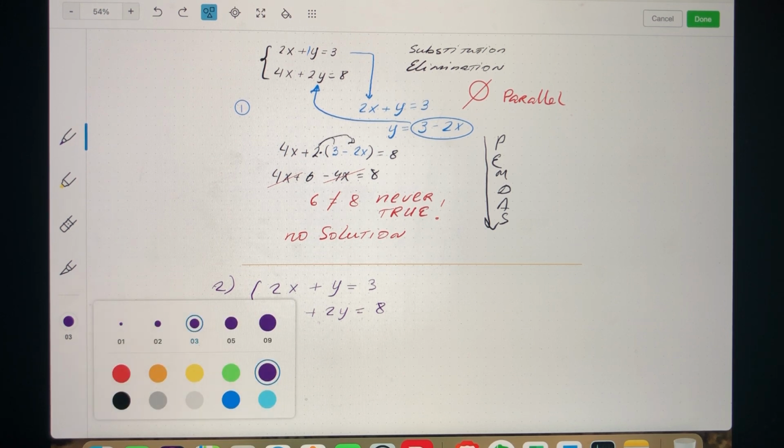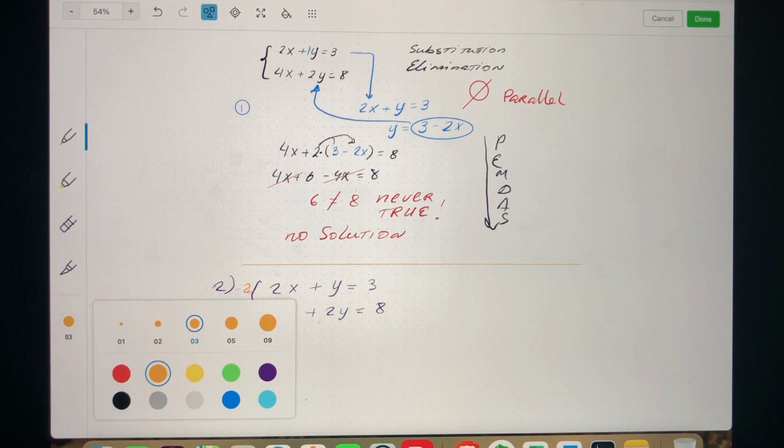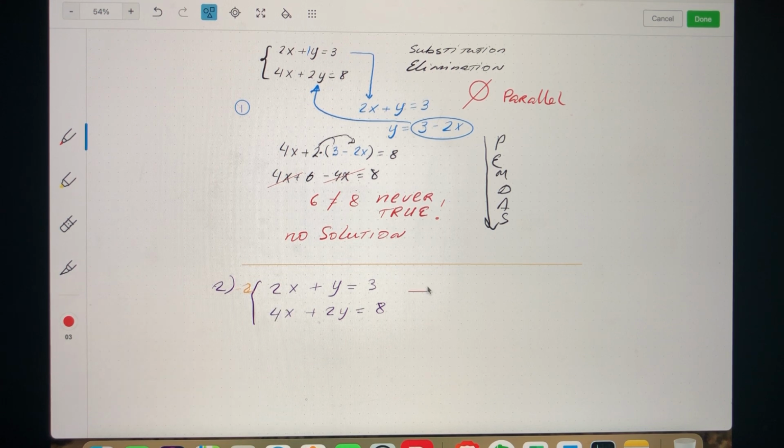So if we simply multiply the first equation by negative 2 all the way across, that would make it negative 4x, negative 2 times y is negative 2y, and on the other side as well, negative 2 times 3 is negative 6. The second equation is unchanged, we copy it over, and now we are ready to use addition or elimination.